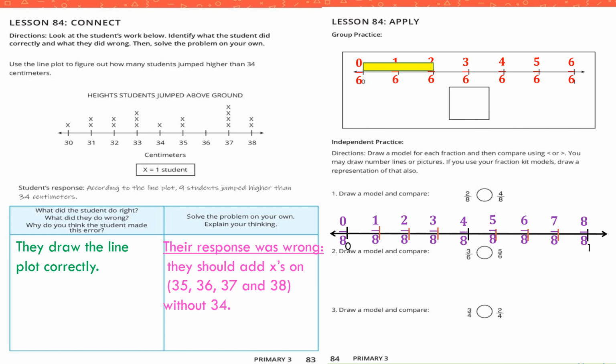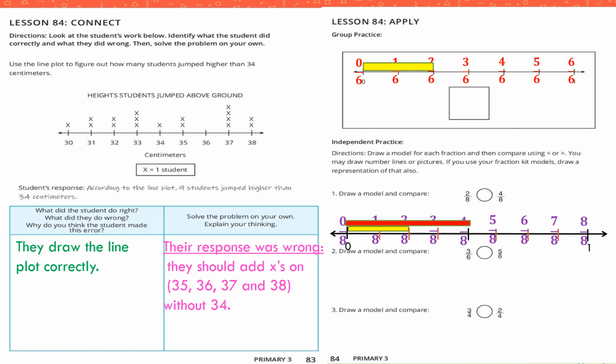Let's locate 2 over 8 and 4 over 8. You should start from the starting point 0 till the fraction, okay? So 2 over 8 joins 0 over 8 till 2 over 8. To represent 4 over 8, you should also start from 0 over 8 till 4 over 8.